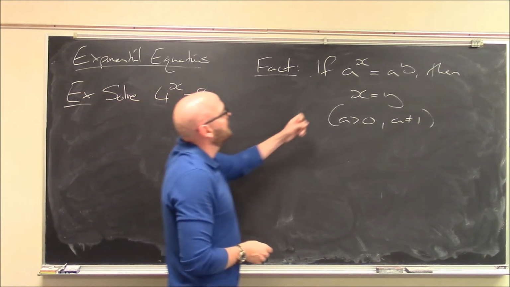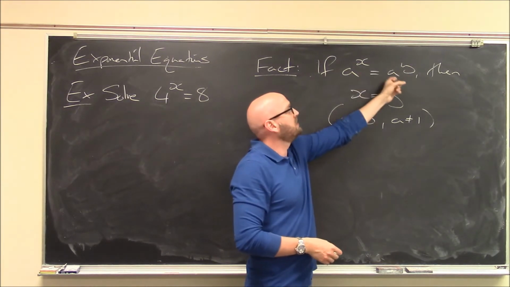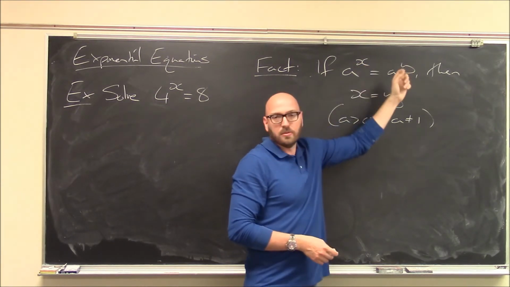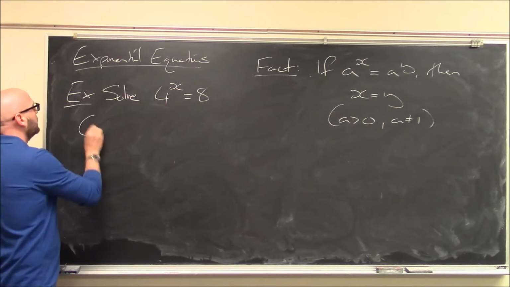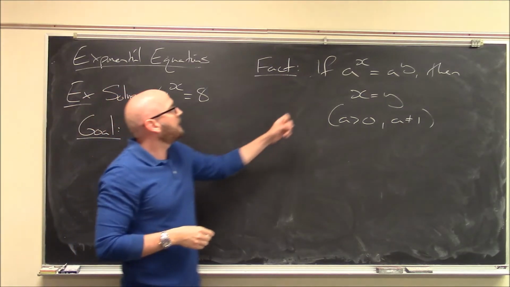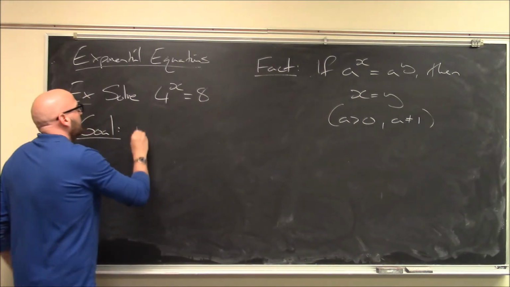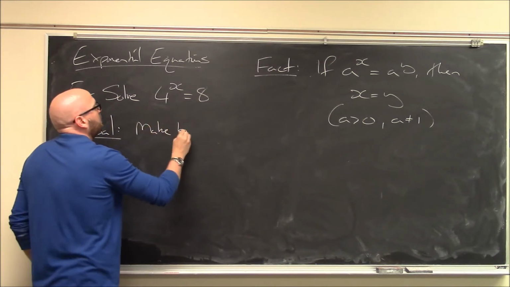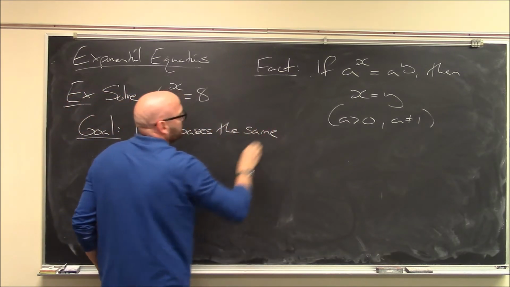So if I'm looking at an exponential equation of this form, a to the x equals a to the y, so the bases here are the same, then the exponents must be the same. So what's my goal over here? Well, my goal is to use that fact, and the fact requires that the bases are the same. So my goal is make bases the same.